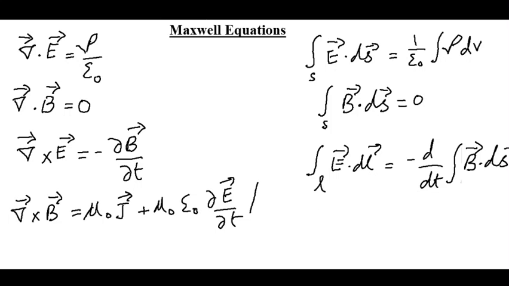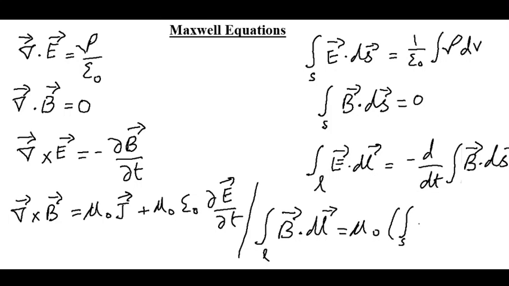And the fourth equation can be written in the integral form as closed integral of magnetic field, this is the line integral, is equal to mu naught times the surface integral of current density plus epsilon naught d over dt of surface integral of electric field. This is the integral form of fourth Maxwell equation.